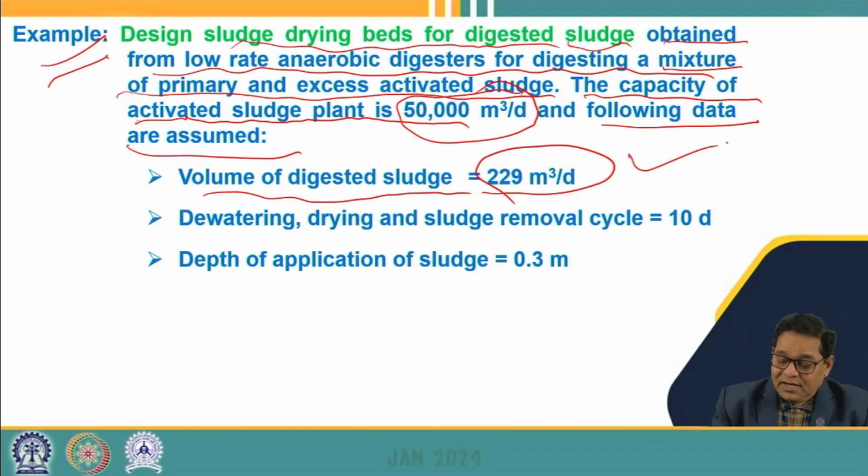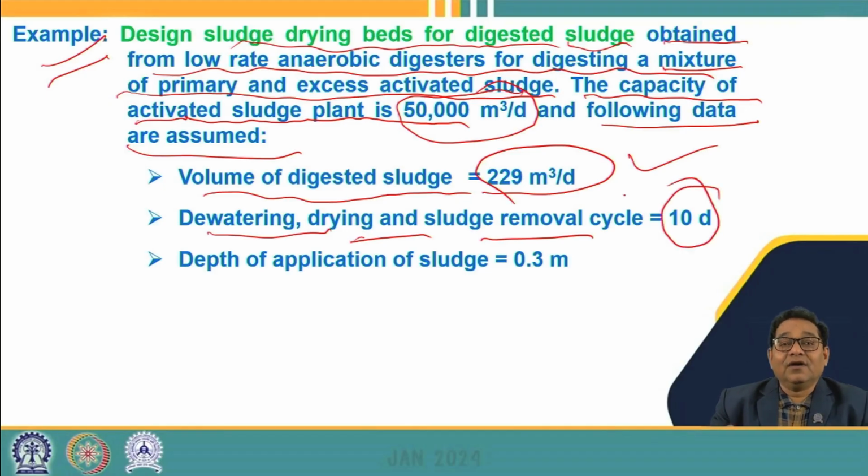Here again the dewatering, drying and sludge removal cycle is given, that is 10 days, means one complete cycle requires only 10 days instead of 30 days which is required in a conventional sludge drying bed process for different types of sludge, because this is already digested sludge, so it will require very less time for dewatering and drying. So this is normally 10 days.